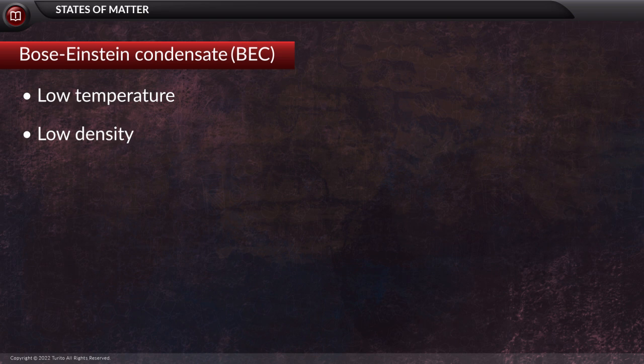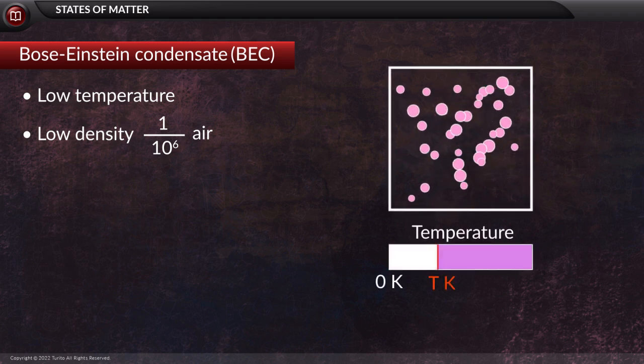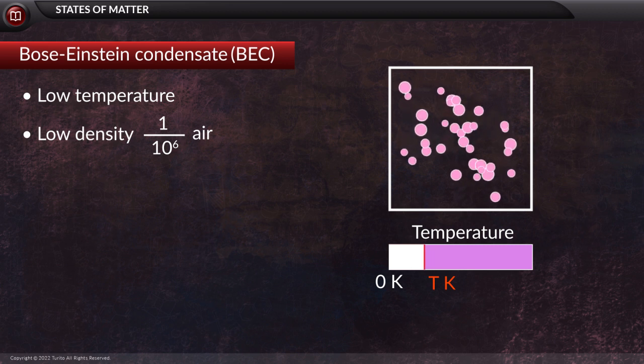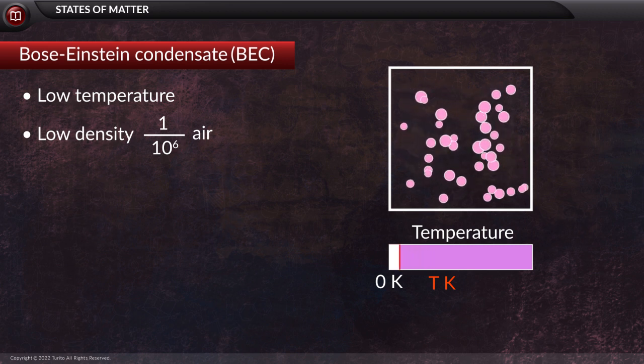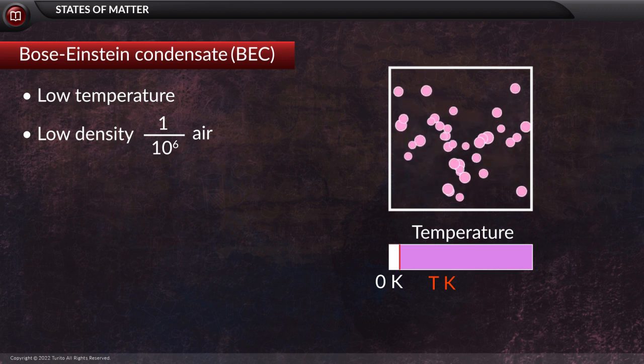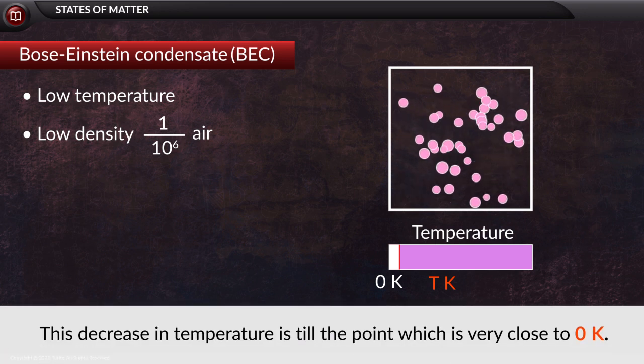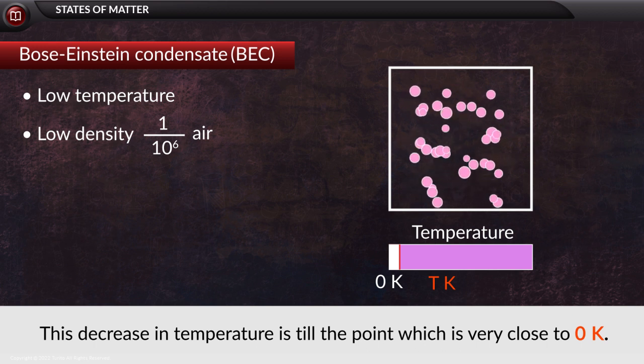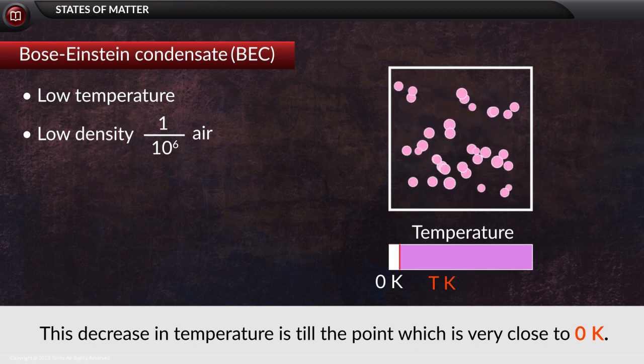Actually, the gas which is taken here is 1 millionth the density of air. Now, we will decrease its temperature. Let us say that it is at T Kelvin. Under controlled conditions, we decrease the temperature, and the particles will remain in the gaseous state only. This decrease in temperature is till the point which is very close to 0 Kelvin.